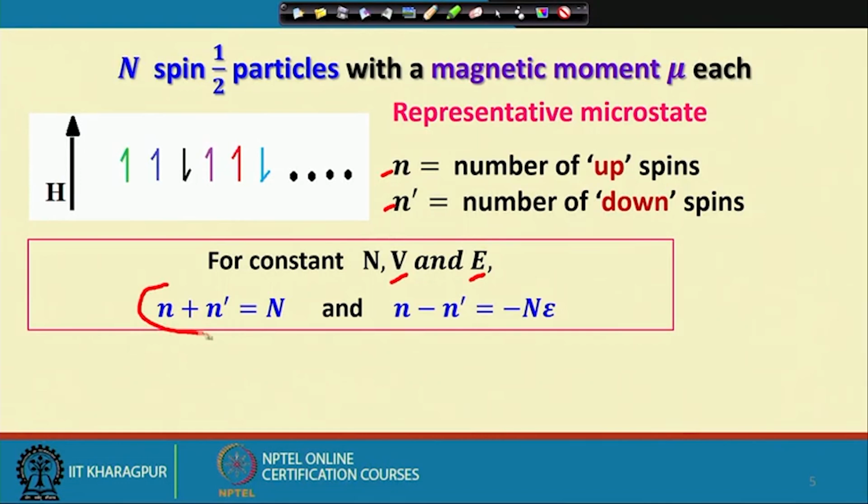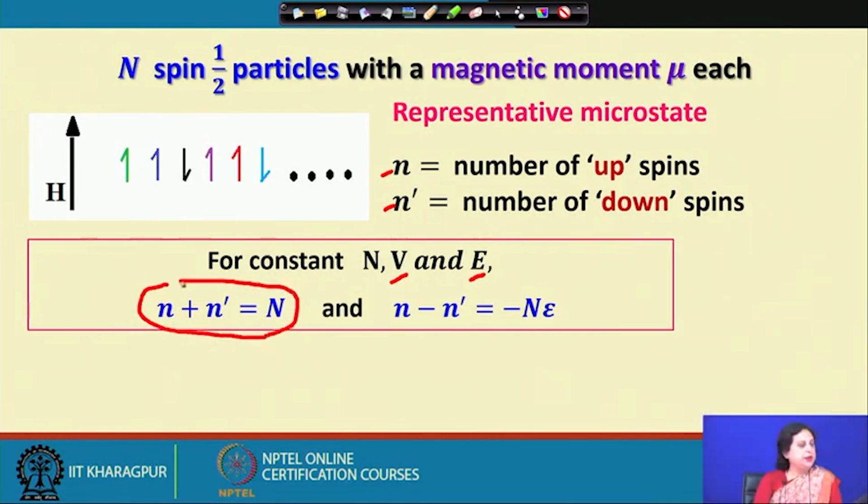No matter which microscopic state I look at, I must have n plus n prime equal to capital N. So, whatever microscopic state I construct by varying n and n prime, these 2 numbers must always add up to capital N.